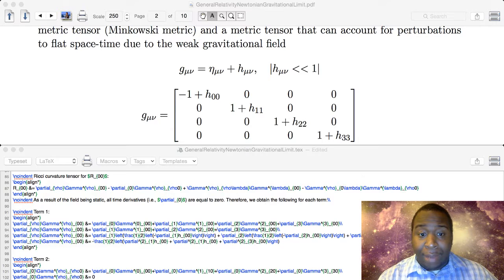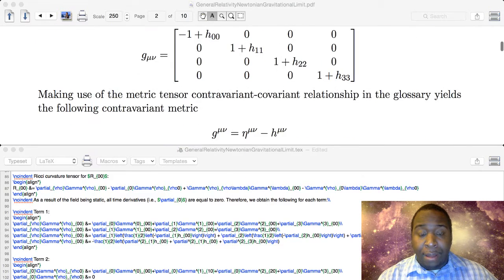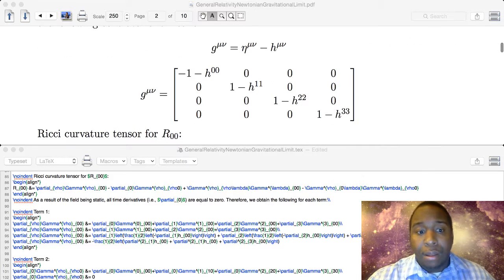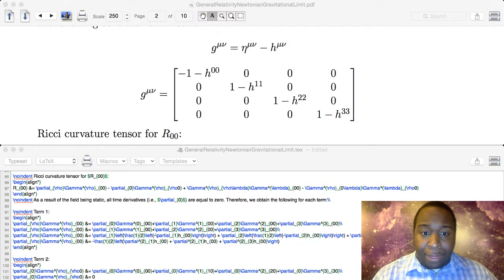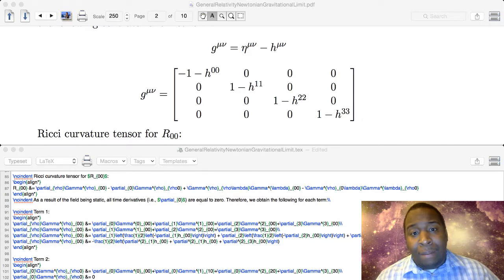Because of that, whenever you think about these diagonal elements, in this case you can round it off to the point where it's just going to equal -1, because the amount that you subtract from -1 using the h superscript 00 value is not going to be much anyway.